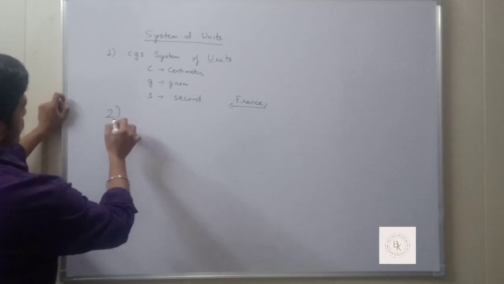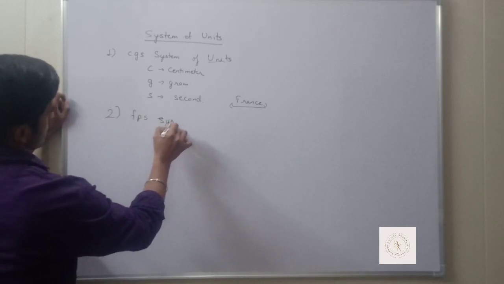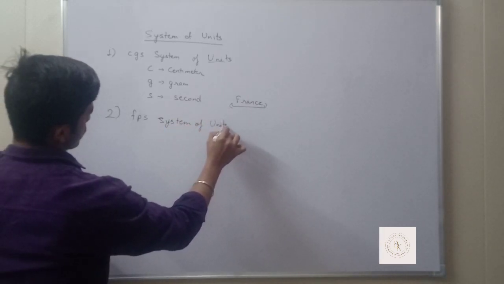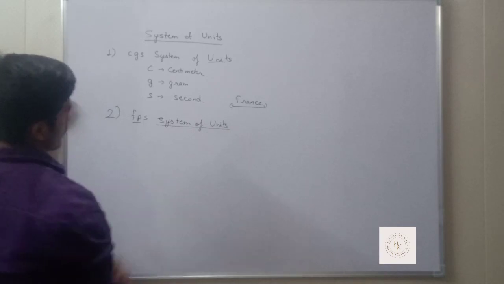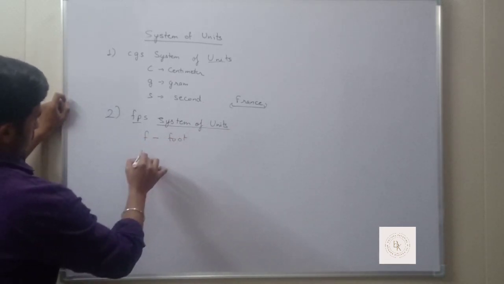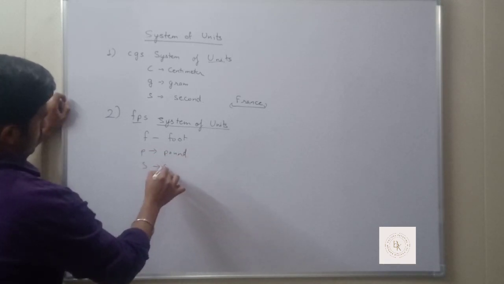The second is the FPS system of units. Now F is foot, P is pound, and S is second.